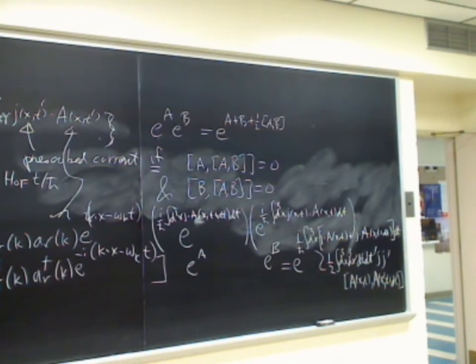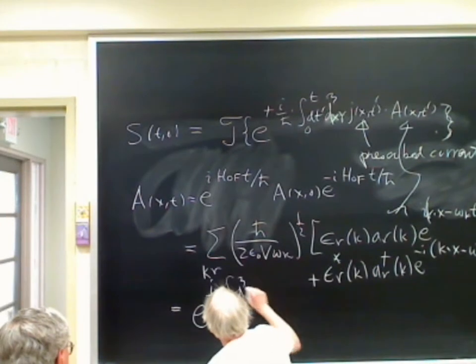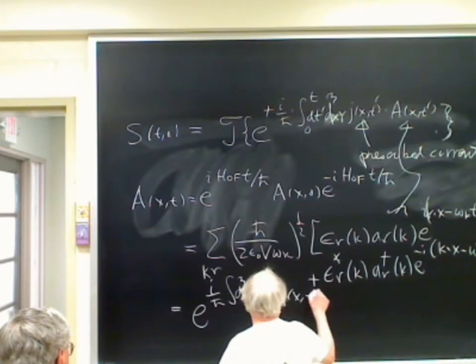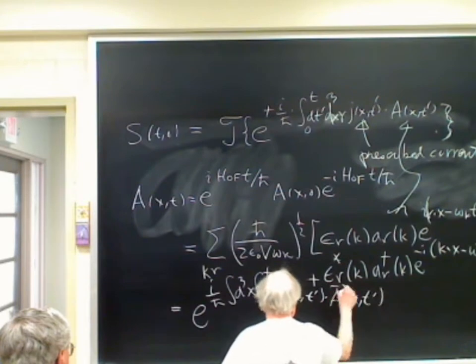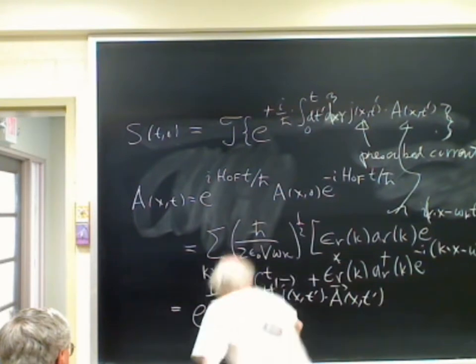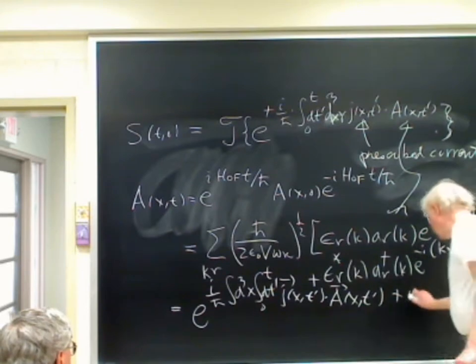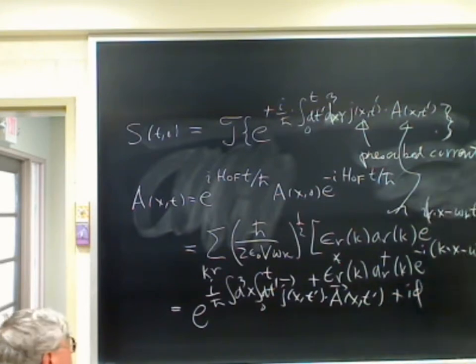It can be written as e to the i over h bar integral d cubed x integral 0 to t dt prime j of x and t prime dot A of x and t prime plus a phase factor i phi. And the i phi is a complicated phase factor, and I think it's something that Glauber worked out.